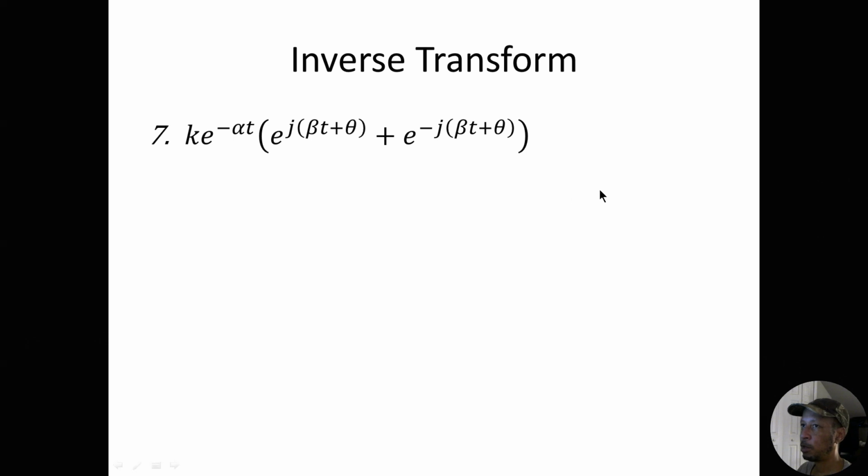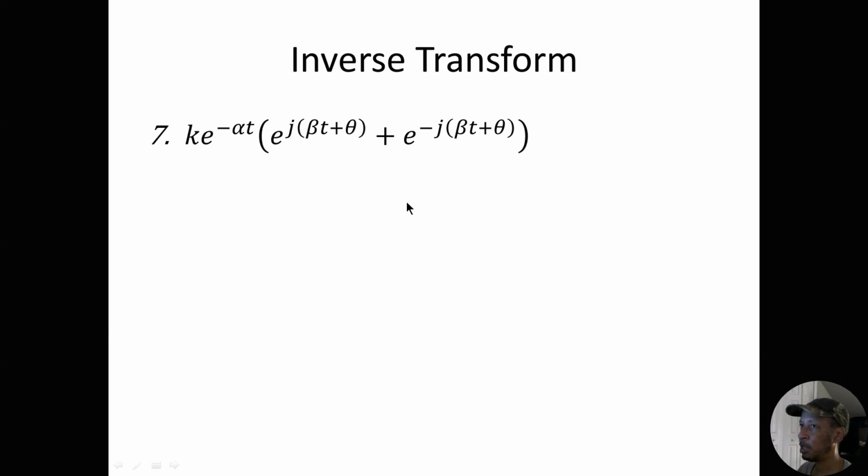At this point, what you want to take notice of is that it is in fact in the time domain because we applied the inverse Laplace transform. However, because of the imaginary unit j, we have complex parts to this, and it's a lot more convenient to have it without the complex parts.